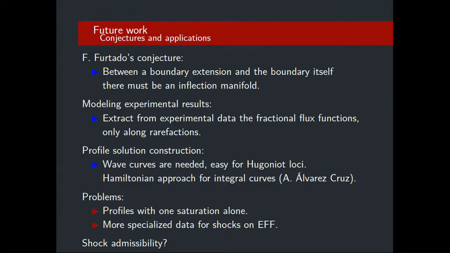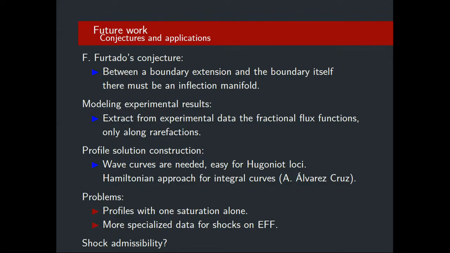Another thing that is interesting for me is that if we have some experimental data where we can see the profiles of the injection, we can extract the flux function from this, because it is the reverse order of what I have done here. Of course, there are problems. The profile is only for one of the saturations, for example.